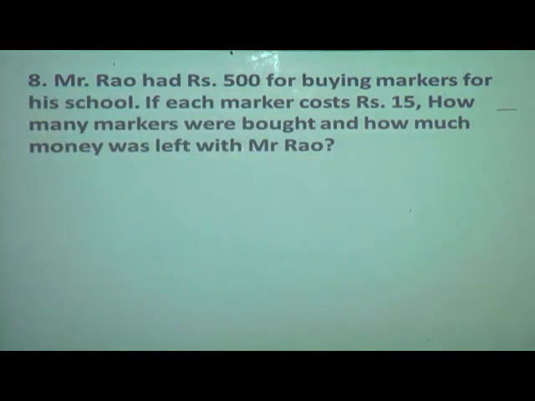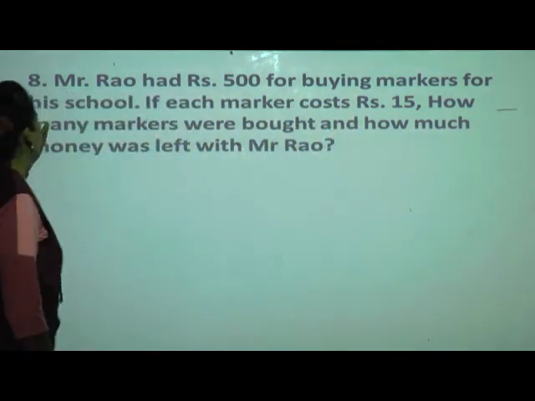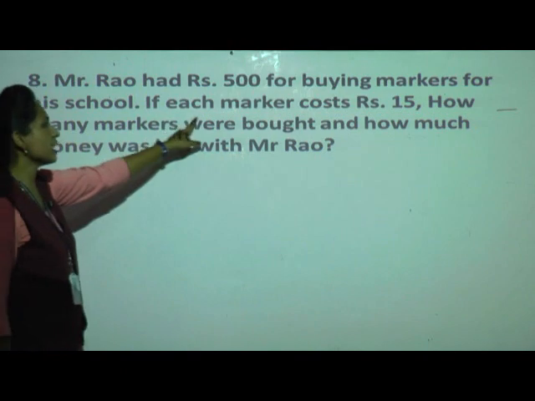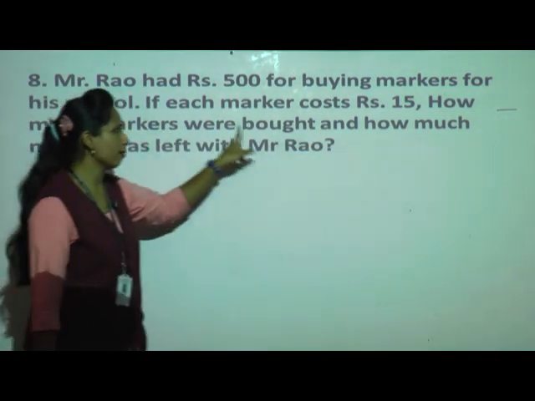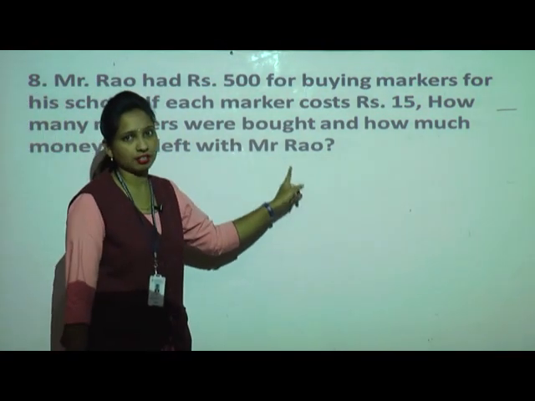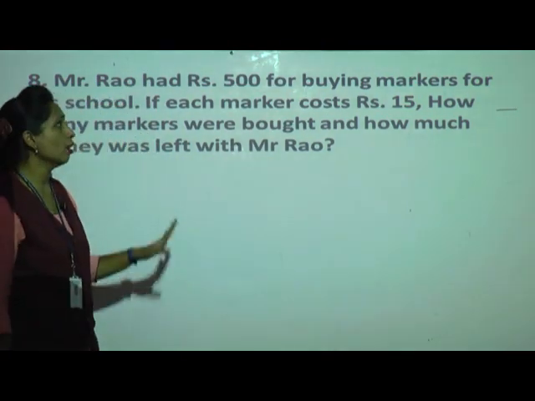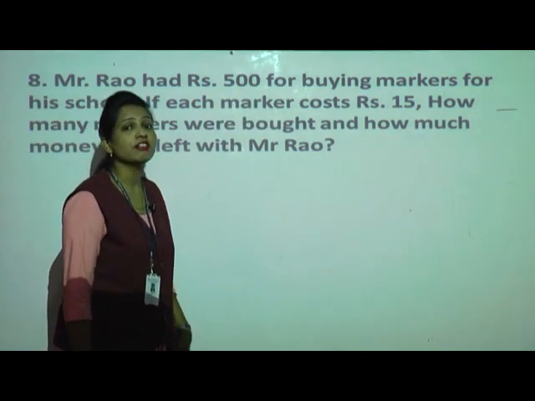Now see the 8th number question. What is the question? Mr. Rao had rupees 500 for buying markers for his school. If each marker cost is 15, how many markers were bought and how much money was left with Mr. Rao? See, Mr. Rao is there. How much money is having? 500. For what? For buying markers.